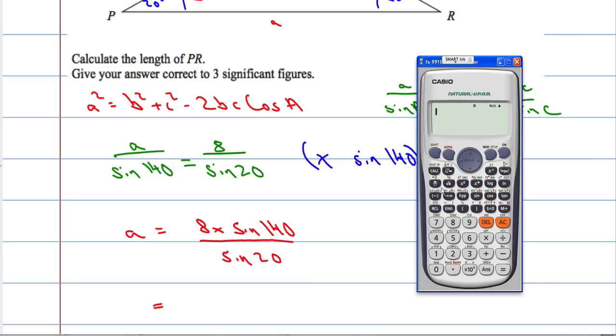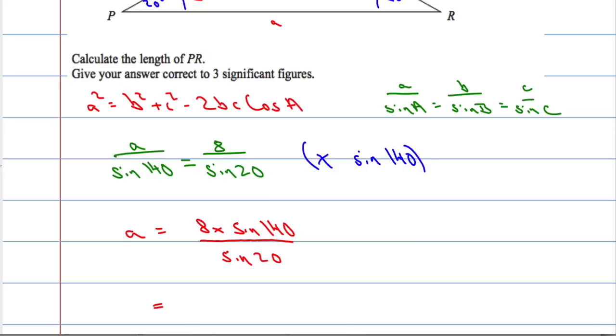So we're doing a fraction here, and it's 8 times the sine of 140 all over the sine of 20. So I get to 3 significant figures, 15.0. That's the 3 significant figures.